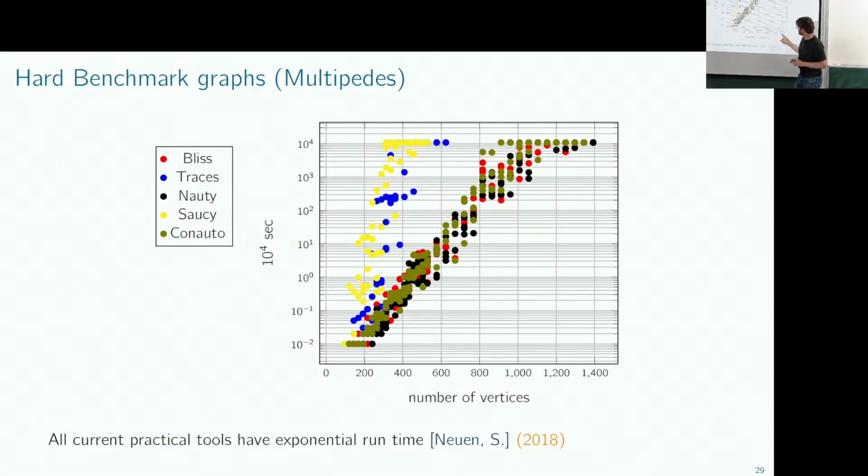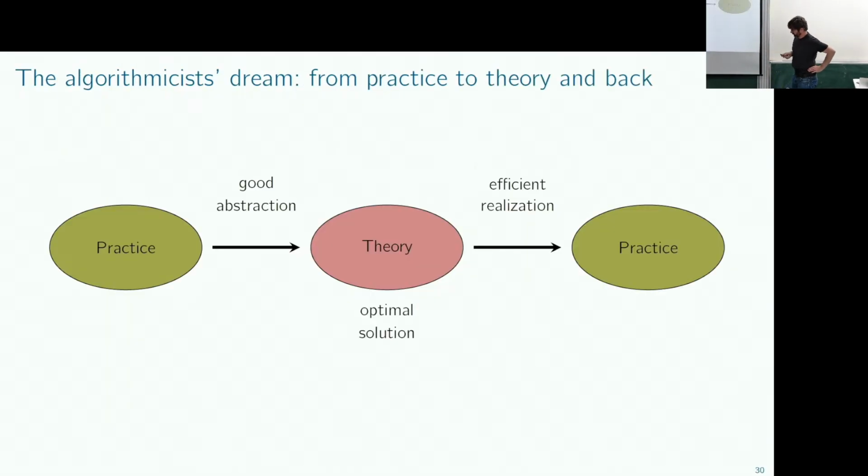So here you see on 1,400 vertices, these tools don't finish anymore in a couple of hours. But you should understand that these graphs were only made to make these tools slow. They don't have practical importance and they don't show up in practice. And we also know how to solve them with other algorithms, but not with the standard algorithms. Yeah? They have bounded degrees, so there are some algorithms.